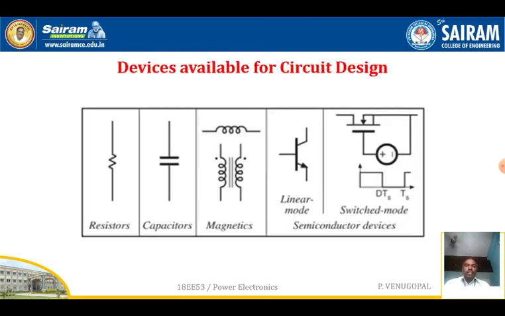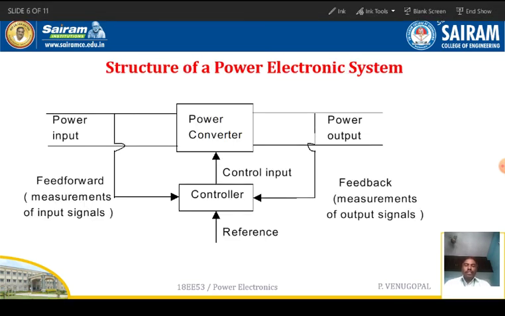This is the structure of the power electronic system. What are the elements necessary for a power electronic system? The power converter and the controller are the fundamental blocks of the system. The power converter converts the power from one form to another form, which is suitable to run the loads.